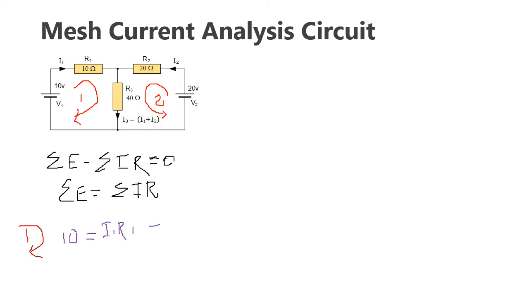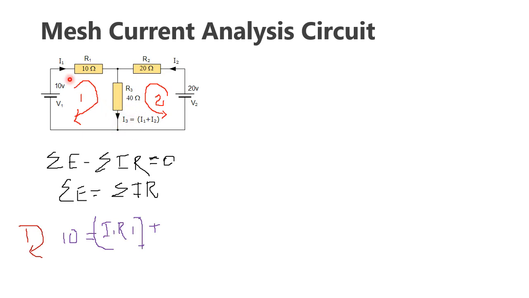Then plus, in this path the current flowing through the resistor R3 is I3. Here also I3 is in the same direction as my loop direction, but I am not going to write I3. I am going to reduce the unknown parameters.